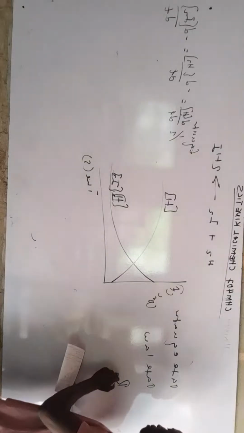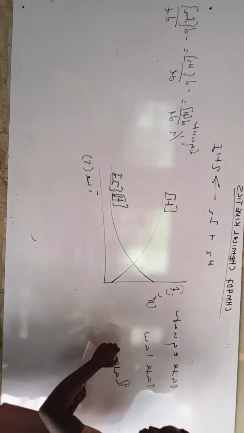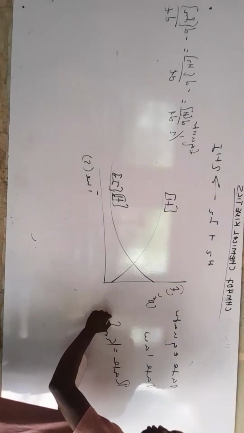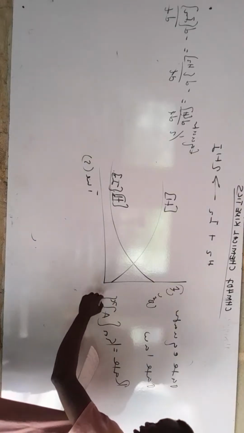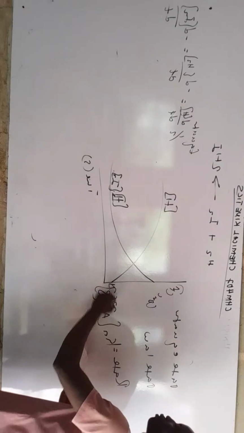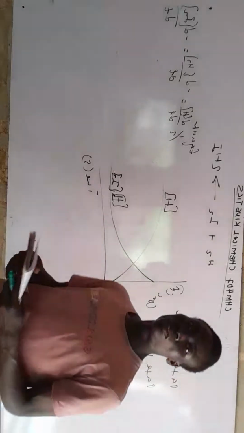The rate can be given in the form: rate equals k[A]^x[B]^y. That is the expression for the rate law.